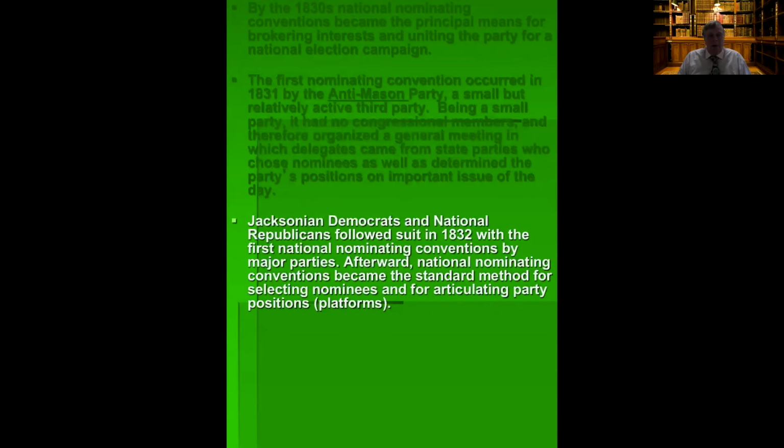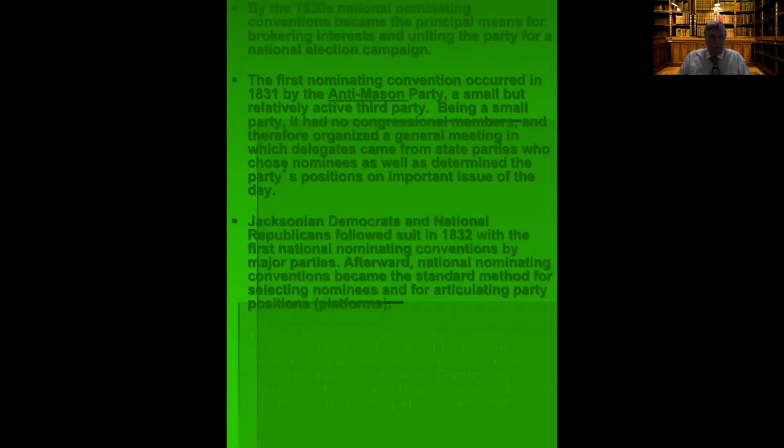The Jacksonian Democrats and National Republicans, the two parties that had formed after the 1824 election, followed suit in 1832 with the first national nominating convention by major parties. Afterward, national nominating conventions became the standard method for selecting nominees and for articulating party positions, that is, the party platforms.